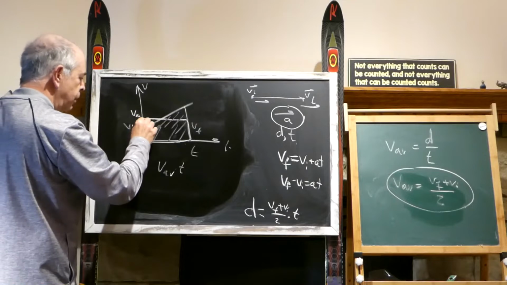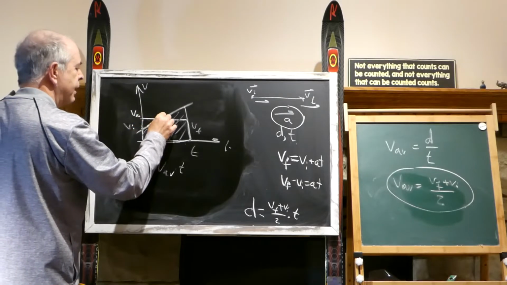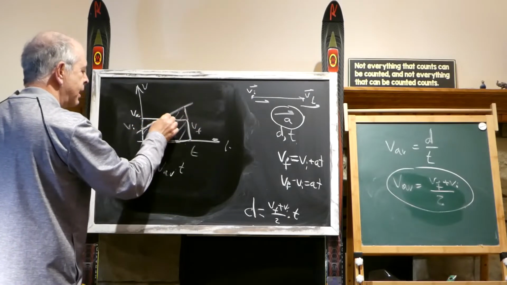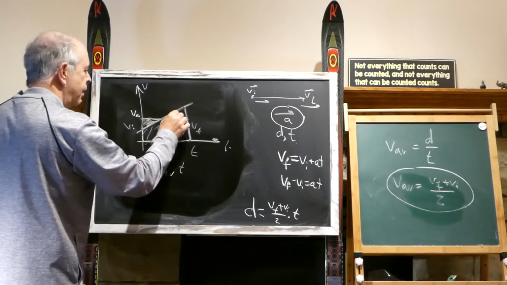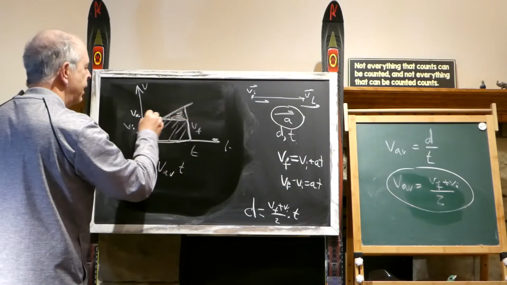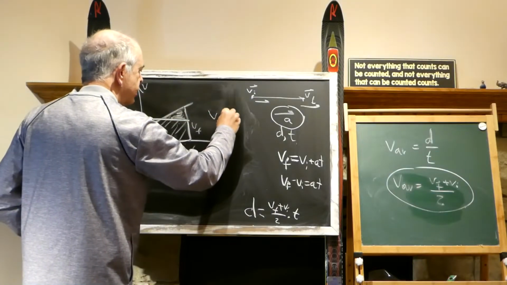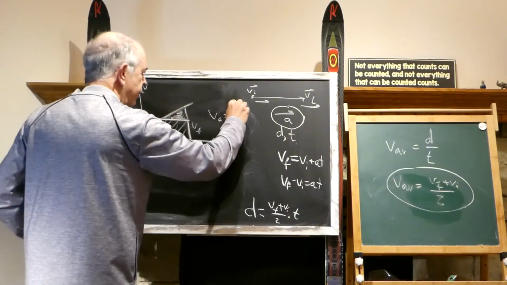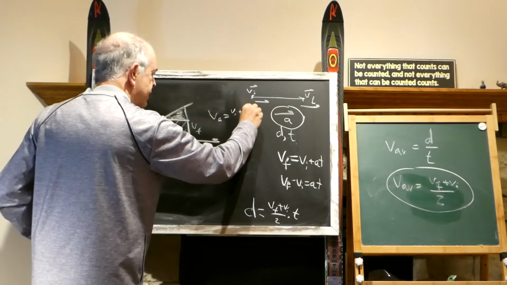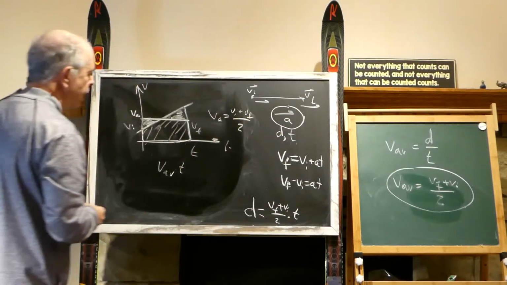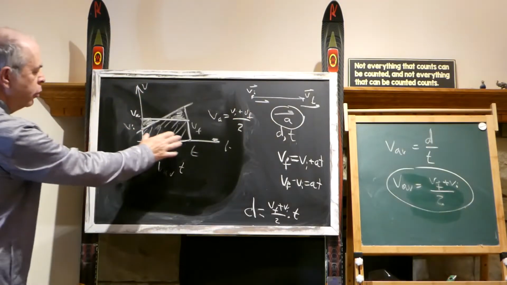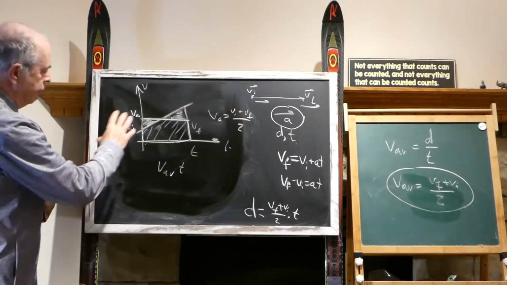And this is possible only when this triangle is equal to this triangle. And so this area and this area are the same, and this is possible only when V average is exactly in between first and second. And this will happen no matter what time we have.